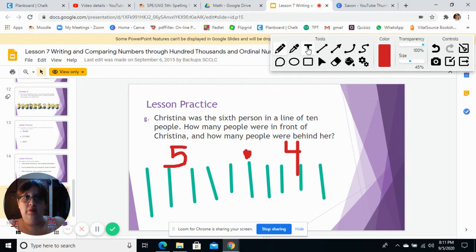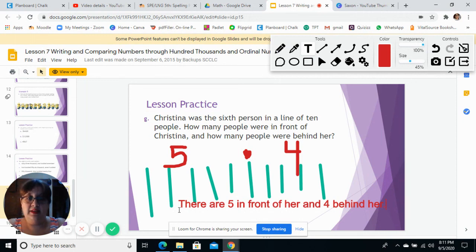Then you would want to write a nice sentence to say there are 5 in front of her and 4 behind her. Okay, something like that.